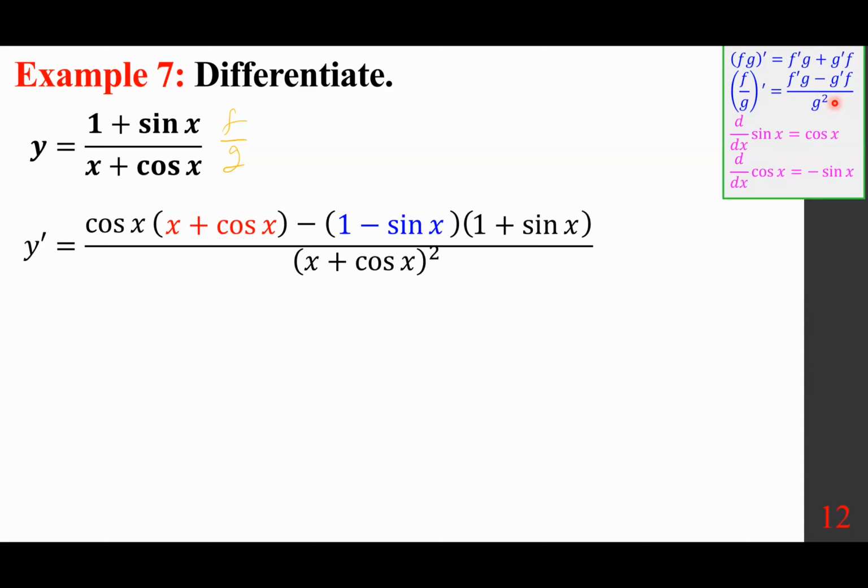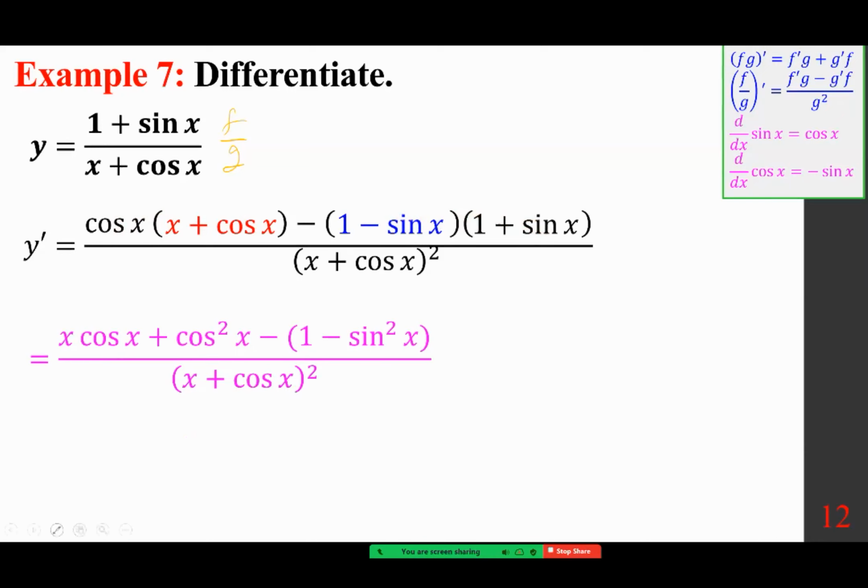So this is x times cosine x. This is cosine squared. The product of these two, we should know it's 1 minus sine squared. We keep the negative out. Everybody remembers a minus b and a plus b.